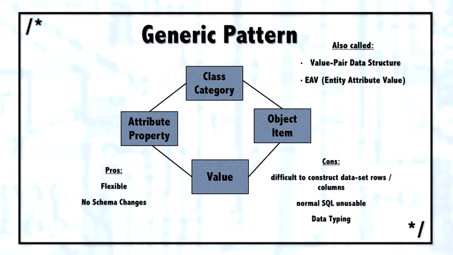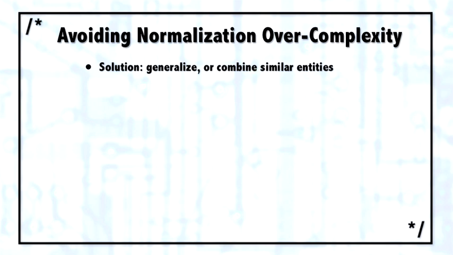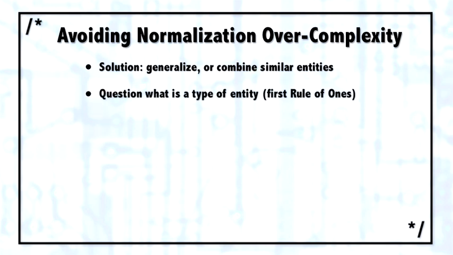A common complaint about relational databases is that they tend to be very complex. Some folks would call this even being over-normalized. However, I don't believe normalization is a line where you become more normalized and becomes more complex. Instead, there's a sort of a sweet spot there. And if we get back to talking about the rules of one, and think about that first rule of one, meaning that it's a group of similar items which become a table, the question then is, how do you decide what is a group of similar items?